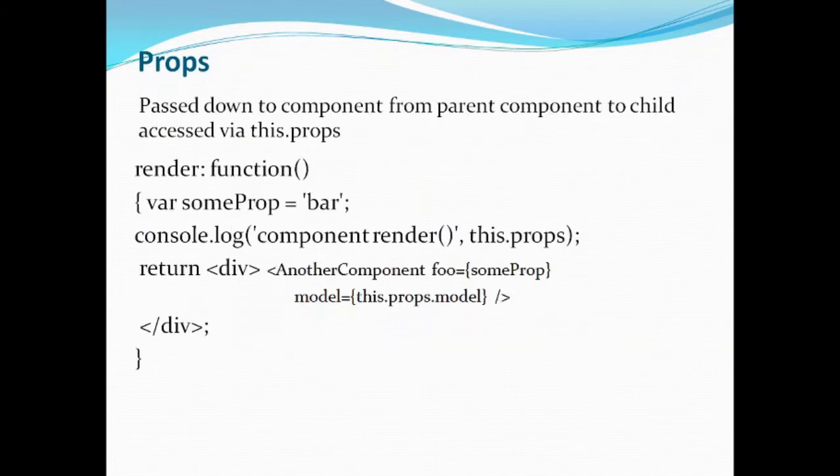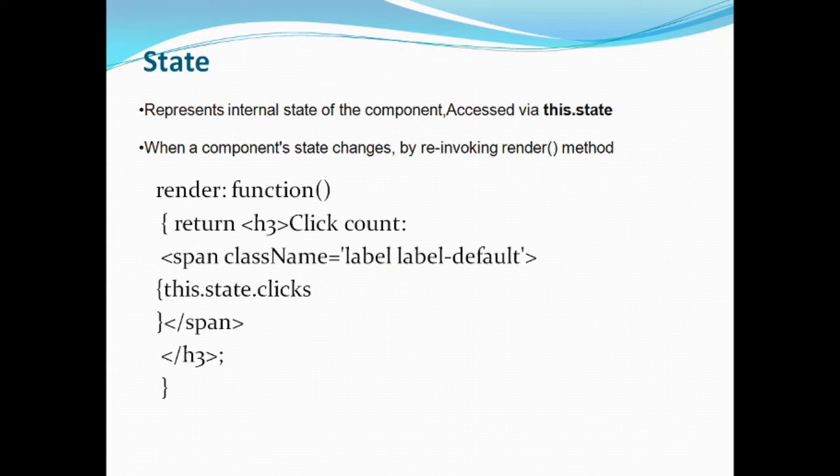Coming to props, another feature of React, props is used mainly to communicate content or any values from parent to child. It supports only one-way communication from parent to child, and it is mainly used for communication between components, and it is purely immutable, whereas state is always mutable.